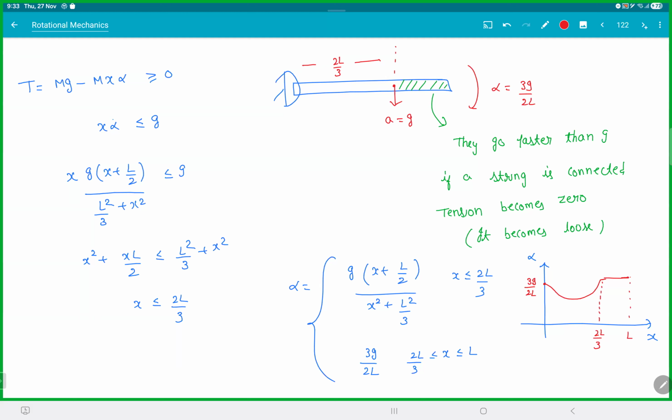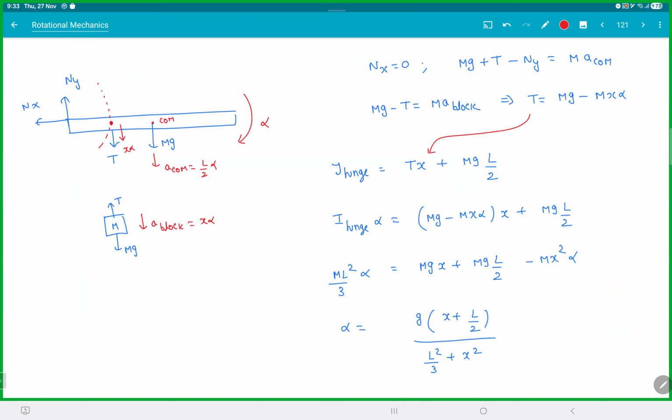When you consider T is equal to mg, you did two mistakes. Did you take I is equal to ml square by 3 plus ml square? Did you consider the moment of inertia of the block also? The moment of inertia of the block will be mx square, right? So say your question again. If your system is the rod, why are you taking the moment of inertia of the block?